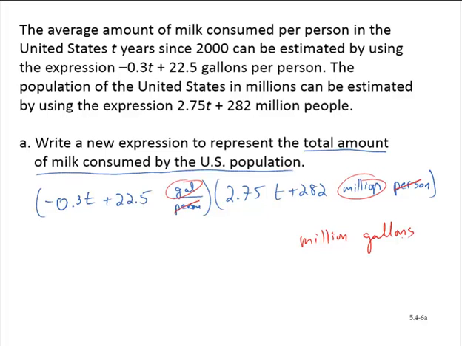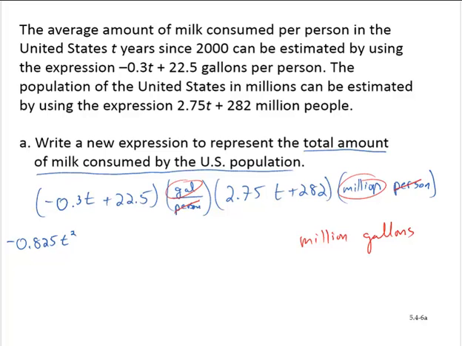Alright, now, what's remaining? Well, we have polynomials that are being multiplied. So let's FOIL negative 0.3 T times 2.75 T. I'm going to use a calculator for this. Negative 0.3 by 2.75 gives me negative 0.825 T squared.